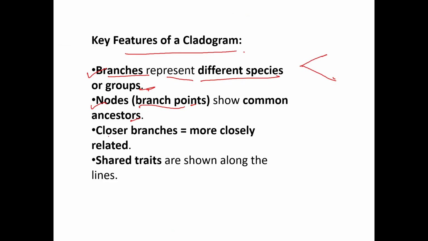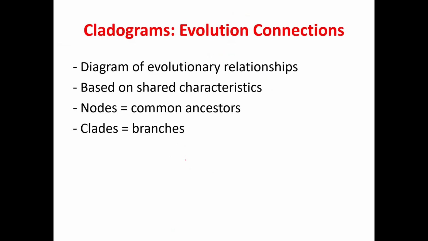Closer branches are more closely related. Shared traits are shown along the lines. So the main feature is that branches show how species are related. Nodes show the common ancestor. Traits are shown along the branches.